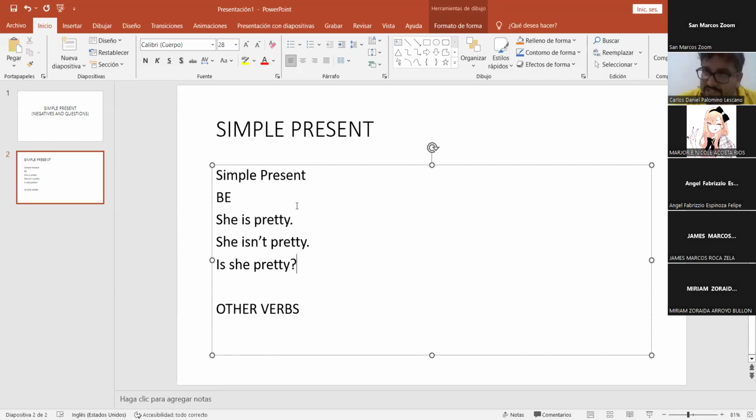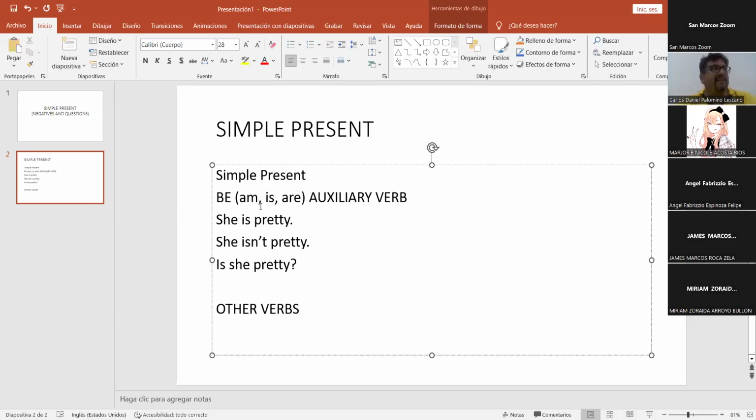¿Qué es lo que pasa, muchachos, aquí? Mira, ¿qué es lo que está pasando? El verbo to be, este verbo to be, que tiene como formas am, is, and are, ¿sí? ¿Qué va a pasar? Se va a llamar auxiliary verb.